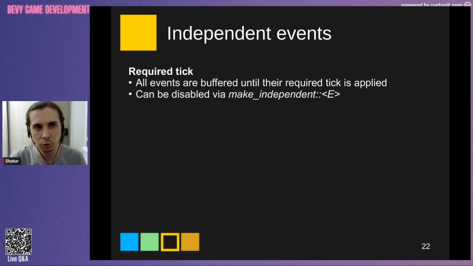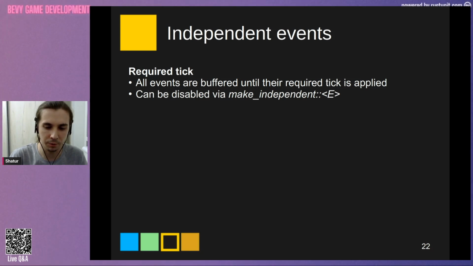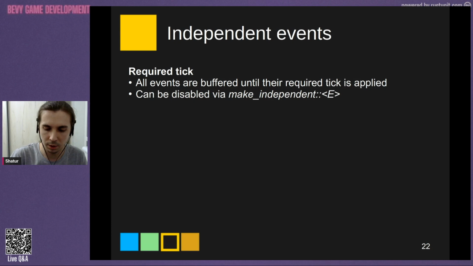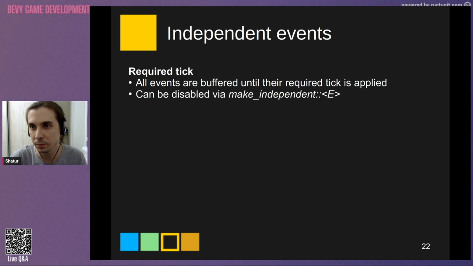Also, we have independent events, because internally all events are buffered, just like updates, until the required tick is applied. Because you don't want to receive an event that references an entity that you didn't receive yet. But this can be disabled. You can opt out if you want to via a special method.